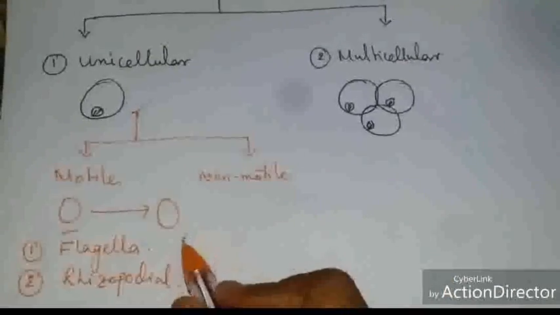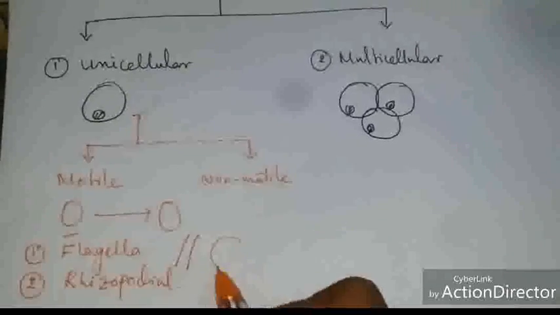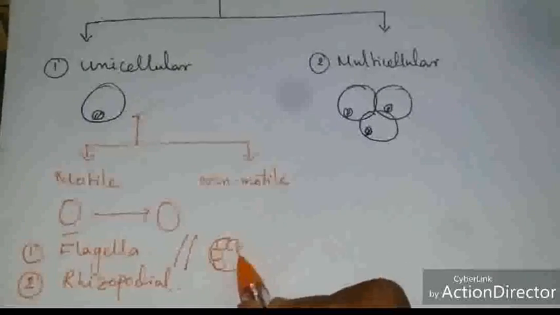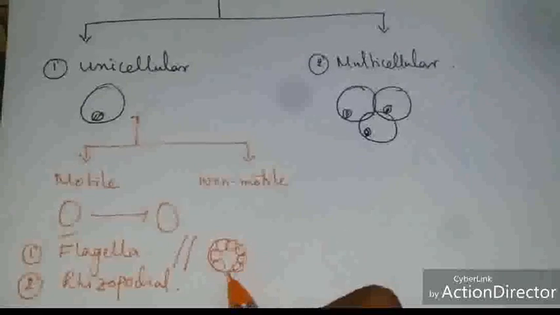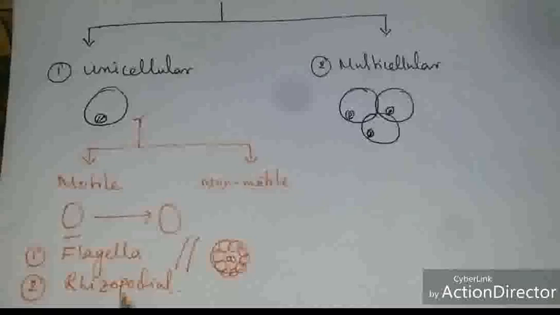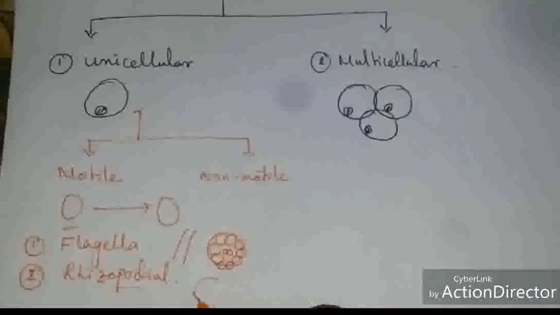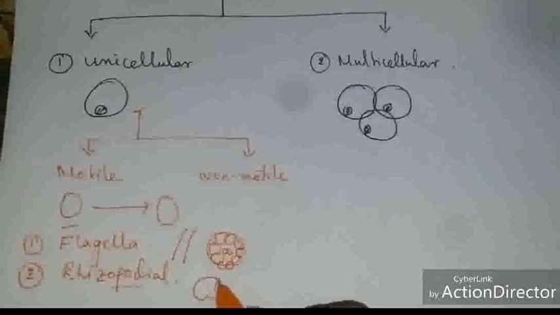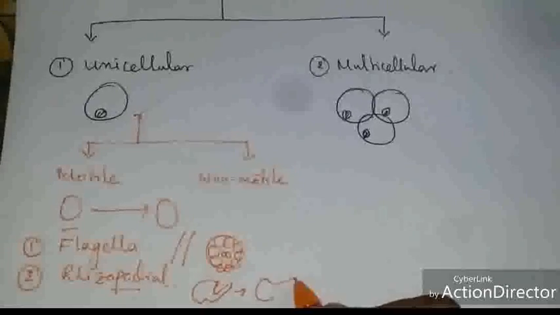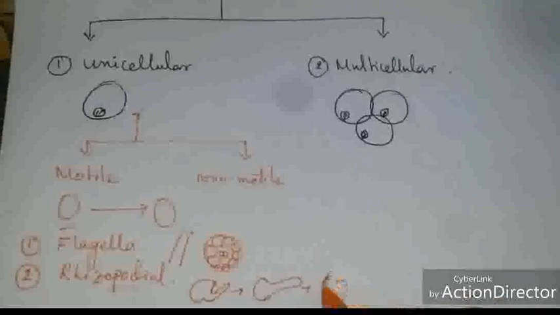Flagella is a filamentous type locomotory organ which is made up of a peripheral region of 9 rings and a central 2 rings, and rhizopodial means a pseudopodia-like organ which helps to move algae from one place to another.